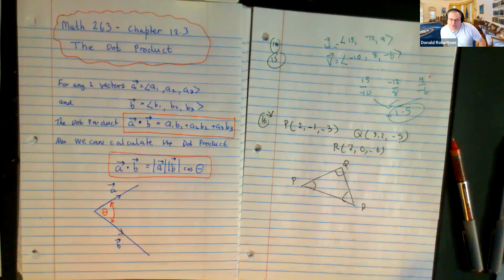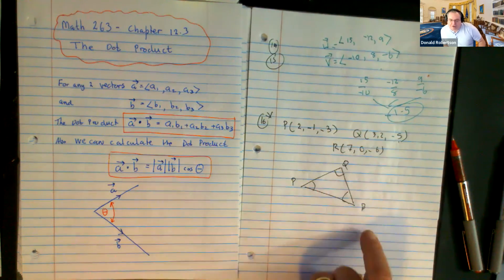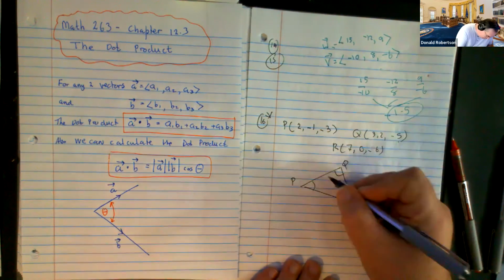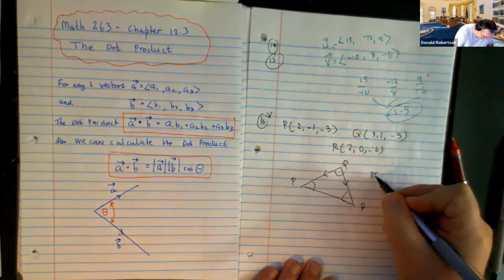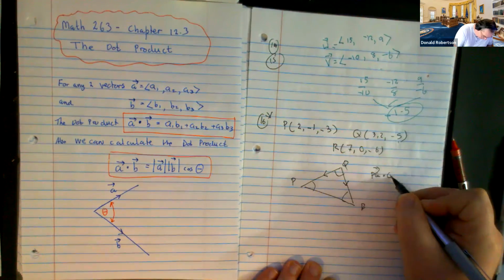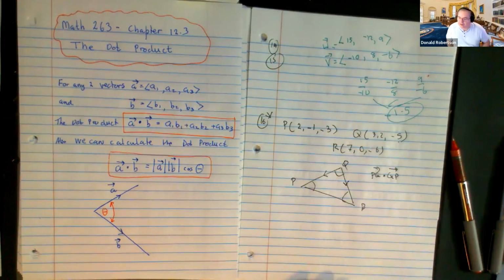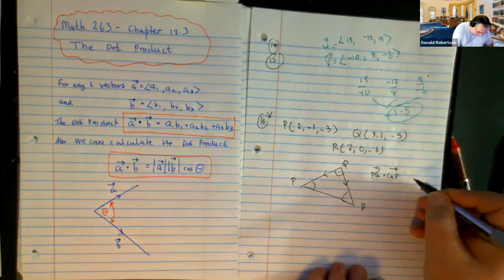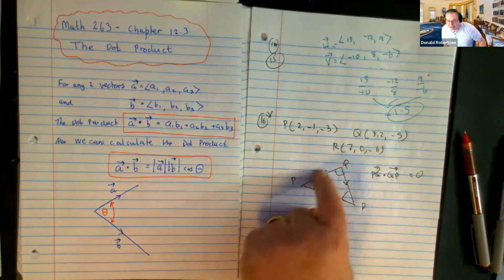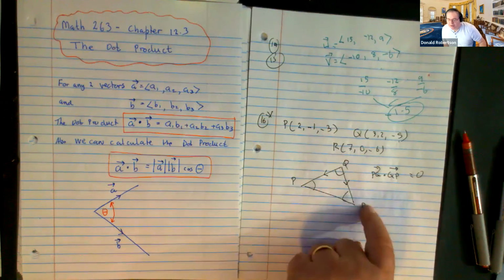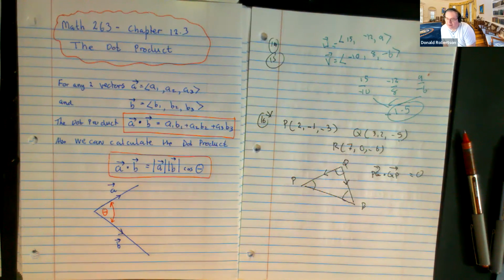Or a slightly less work version is just find, for instance, PQ and QP, and just do the dot product. And if that was 0, hey, it's right angled. And if it's not, couldn't you then do PQ and PR and then QP and QR? And if none of them are 0, then it's not right angled. If one of them is 0, stop looking, right? It's right angled.